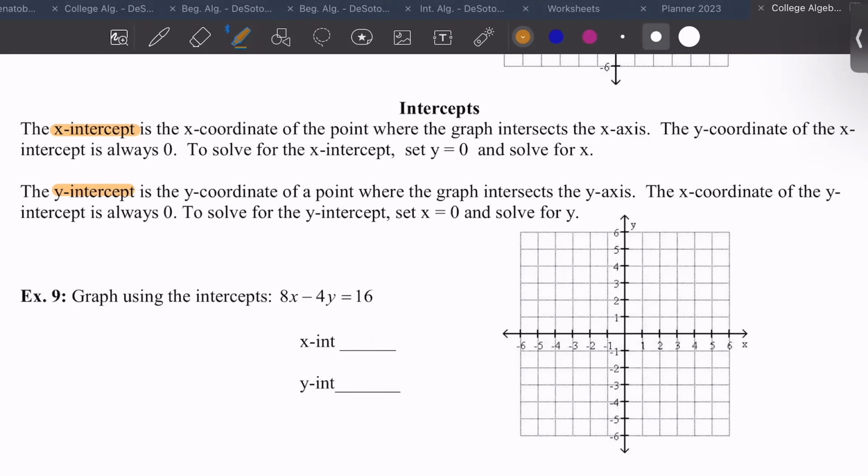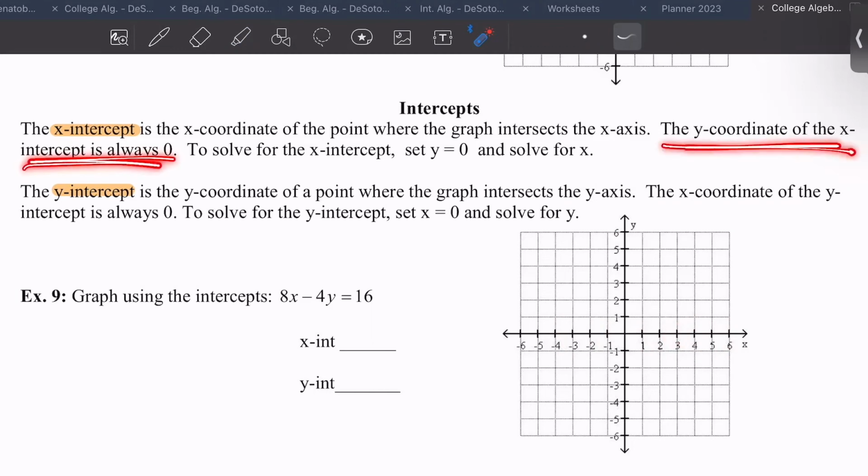Okay, that was a lot of words. But what you need to know is that the x-intercept is where it intersects the x-axis. So at what point are we crossing the x-axis is what it's asking. And because it's going to be a point on the x-axis, your y-coordinate has to be 0.